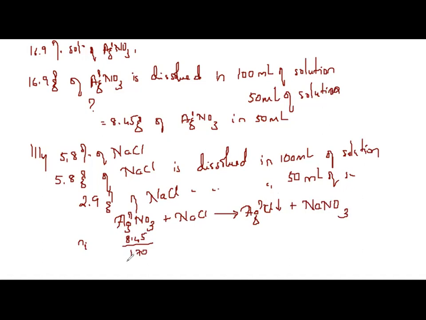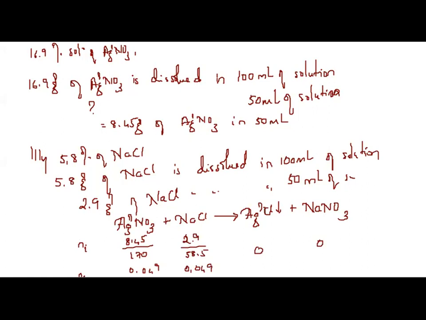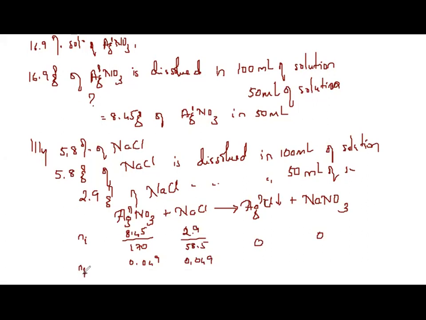Solve it, you will get 0.049. NaCl: 2.9 divided by 58.5, also comes out to 0.049. For the products, initially 0, 0. Number of moles in the final condition: reactants will be 0, 0 and products will be 0.049, 0.049. Yes or no? Okay.